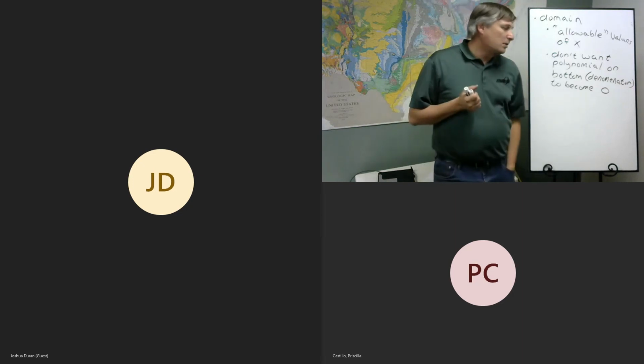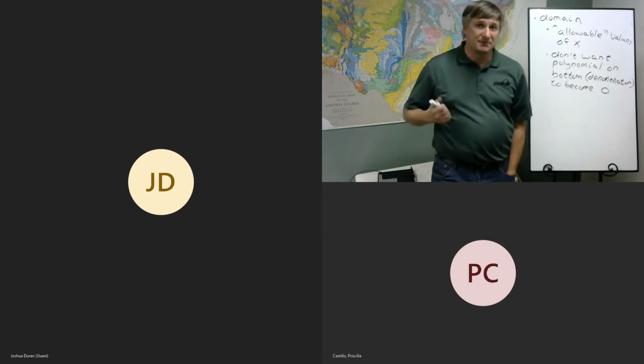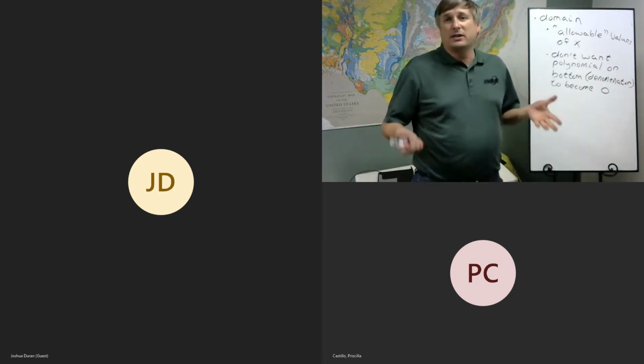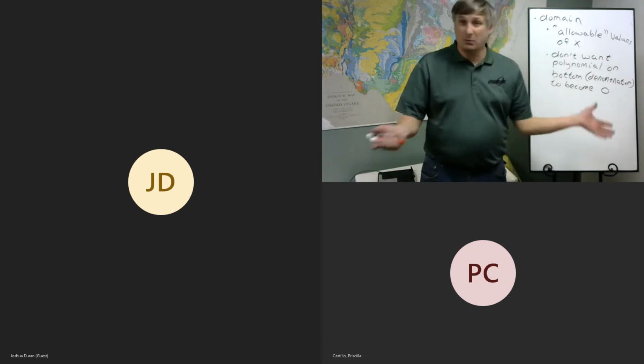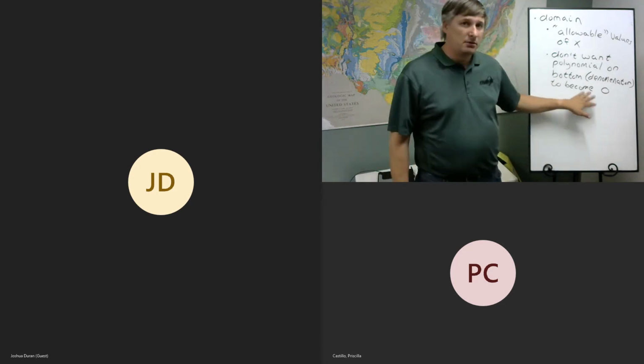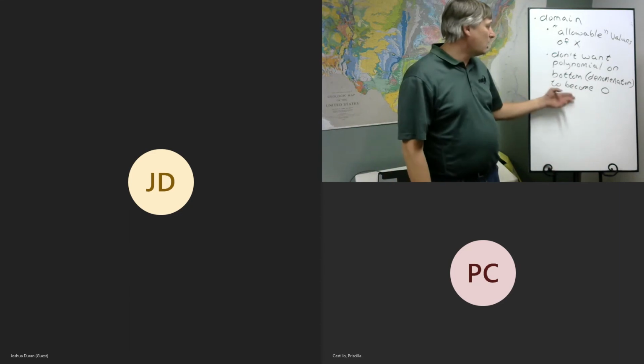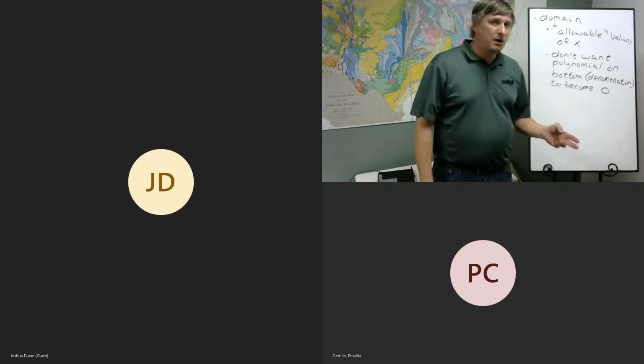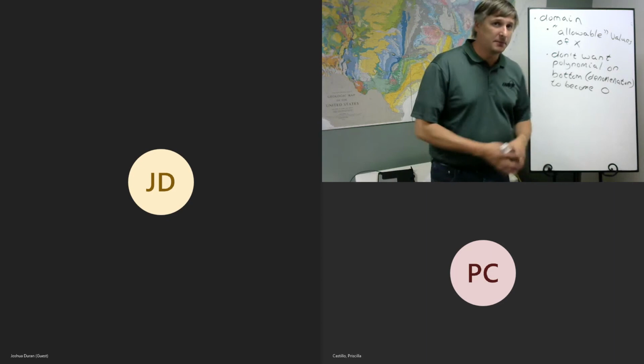We don't want the polynomial on the bottom to become 0. Because if we do, we get division by 0, and that we can't have. So we want to avoid those values of x that cause that bottom polynomial to become 0.